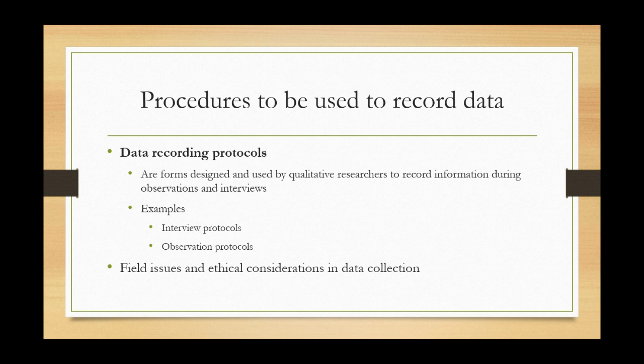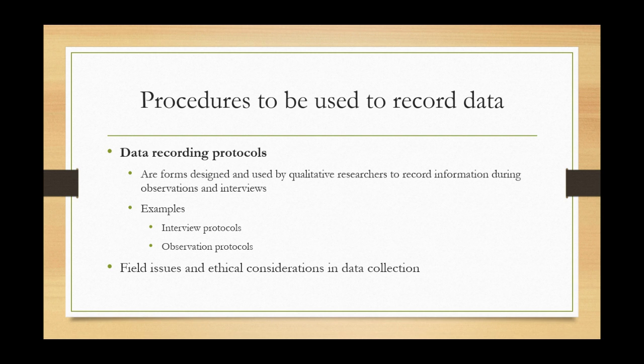The last thing that we will look at is field issues and the ethical considerations in data collection. Once data collection procedures are in place, the qualitative inquirer collects data. Prior attention is given to the field issues that may occur in the process.